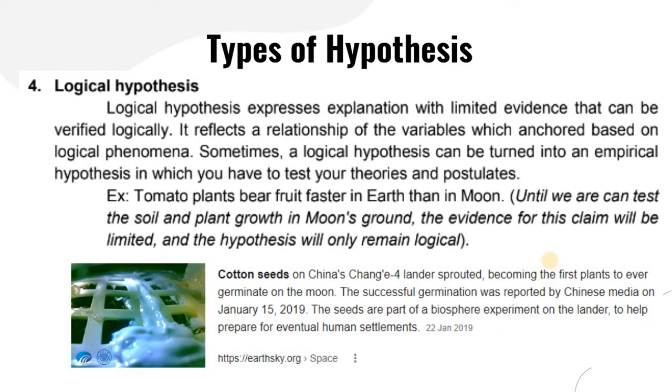So ito, kahit hindi ka scientist, or kahit hindi ka pa nakapunta sa space, by logic, gagamitan natin siya ng logic, you can safely assume na mas mamumunga ng mabilis ang tomato on Earth versus on the Moon.